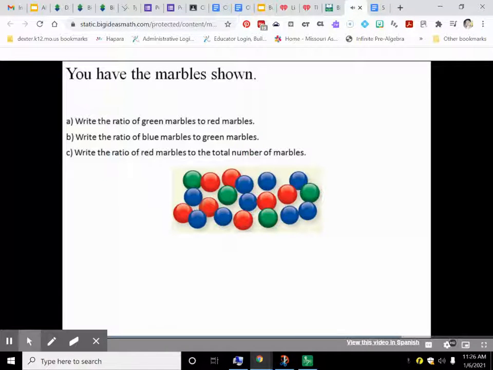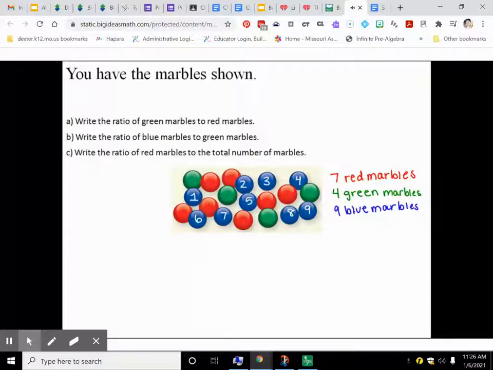You have the marbles shown. 7 red marbles, 4 green marbles, and 9 blue marbles, totaling 20 marbles. Part A. Write the ratio of green marbles to red marbles. 4 green marbles and 7 red marbles, so the ratio would be 4 to 7.